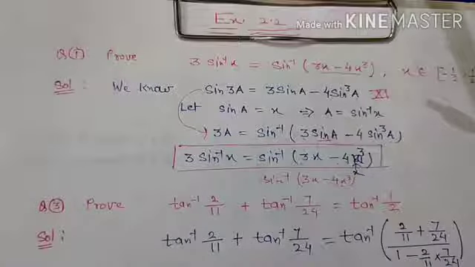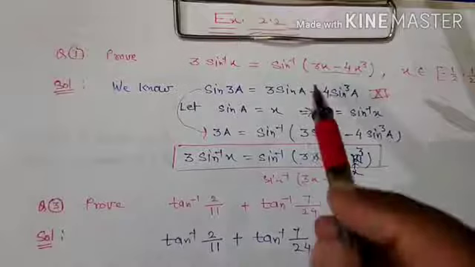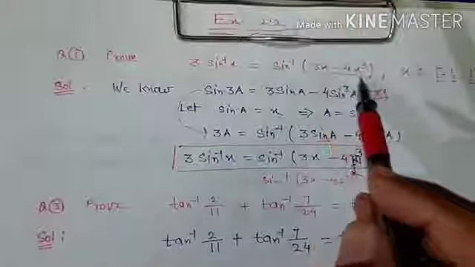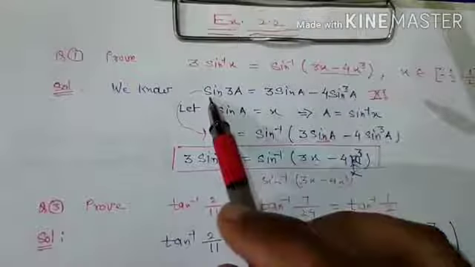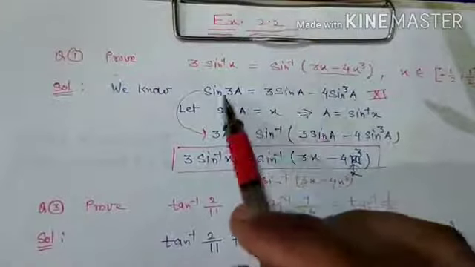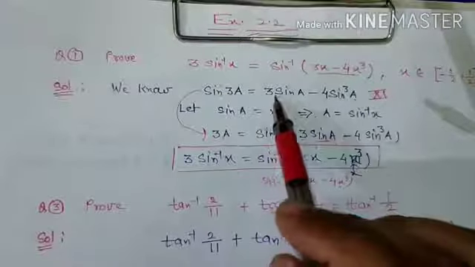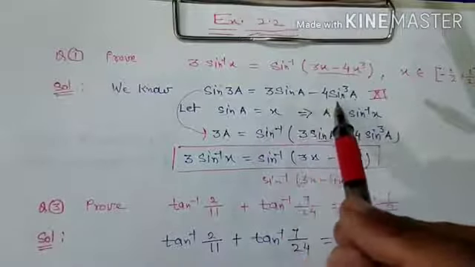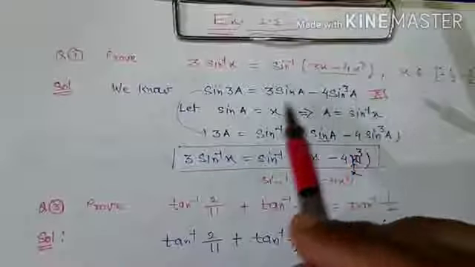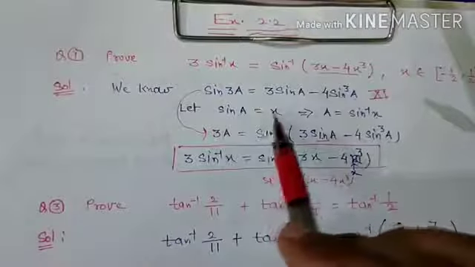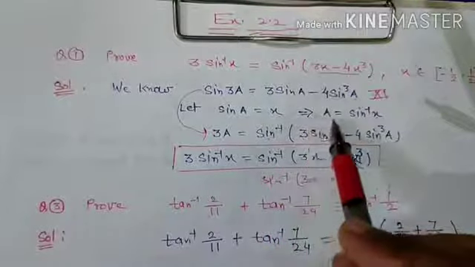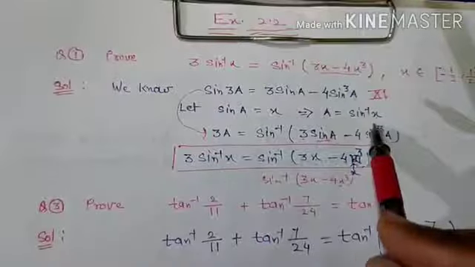Here we just have to observe 3x minus 4x cube. This is a formula of sine 3a. Sine 3a equal to 3 sine a minus 4 sine cube a. Now we can say sine a as x. This implies that a equal to sine inverse x.